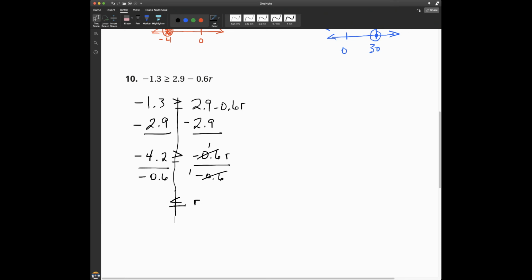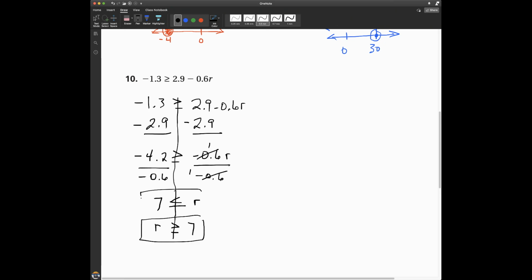And then on the left-hand side, you can put that in your calculator. Negative 4.2 divided by negative 0.6, you'll find that the answer is positive 7. And I can rewrite this because it might help me be able to graph it easily. R is greater than or equal to 7.